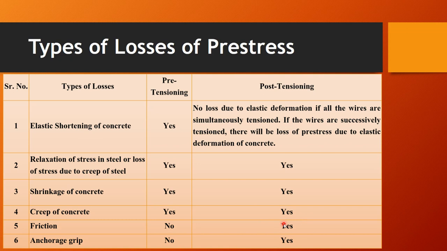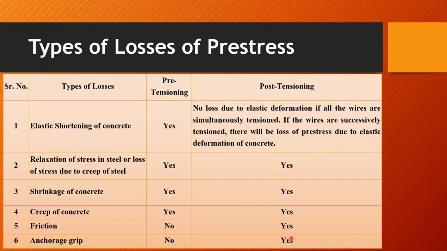And again the cables are also in contact with each other, so if you provide successive tensioning, there may again be loss of prestress force due to cables in contact with each other. So that is also possible. That's why we have to consider the effect of friction loss in case of post-tensioning members.